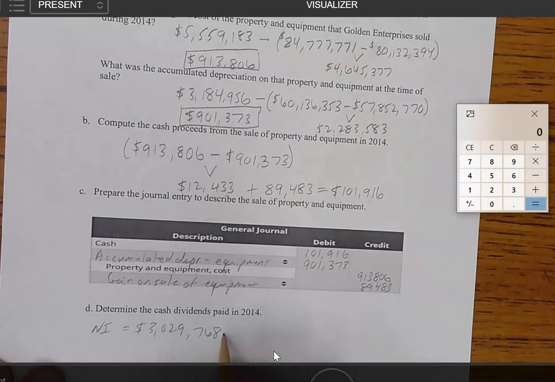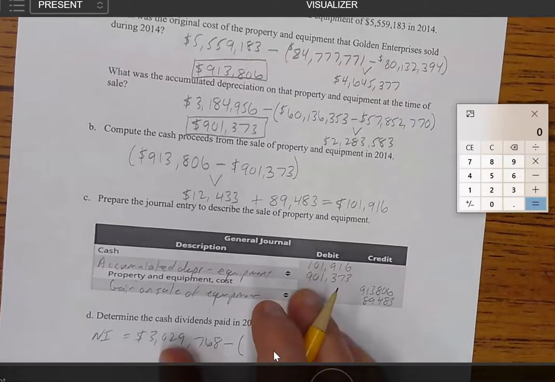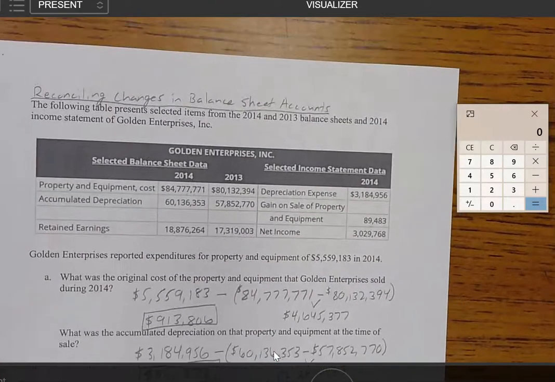And I need to subtract from that what? The increase in retained earnings. And fortunately there is an increase. That means we didn't pay out all of our earnings in dividends.